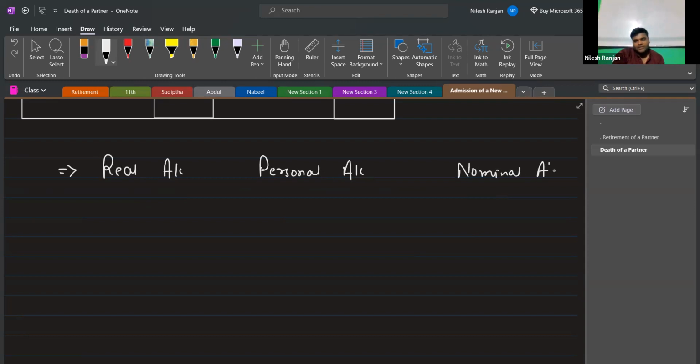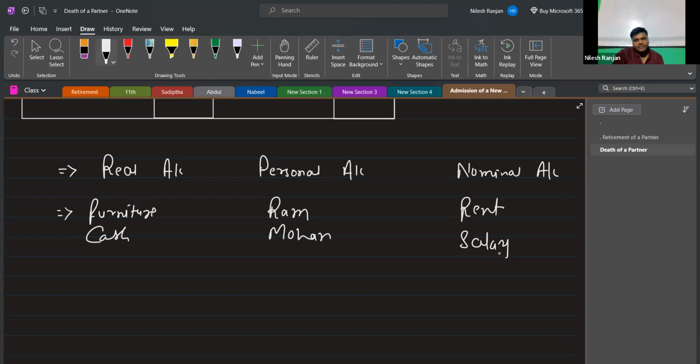In a real account, there may be furniture, cash, like these things. In personal account, there is Ram, Mohan, like this. And in nominal account, it is rent, salary. Is this clear?